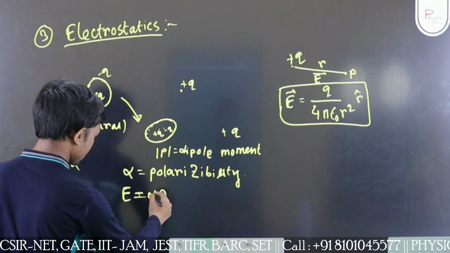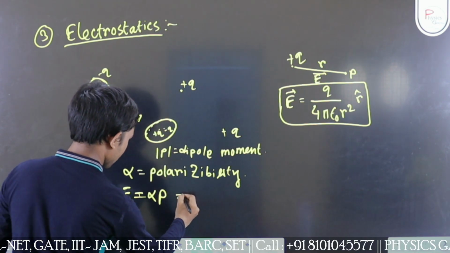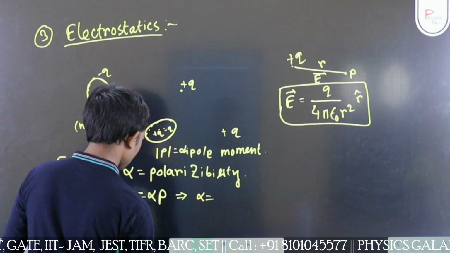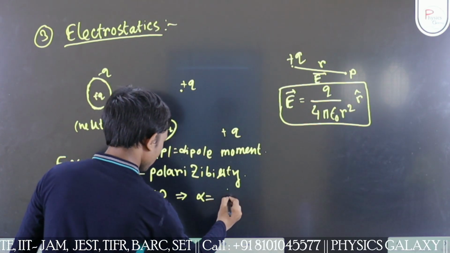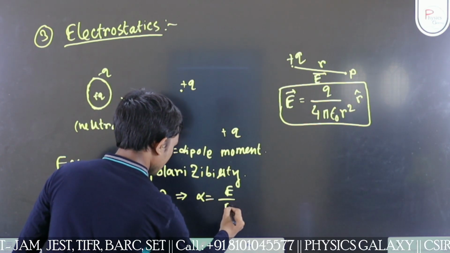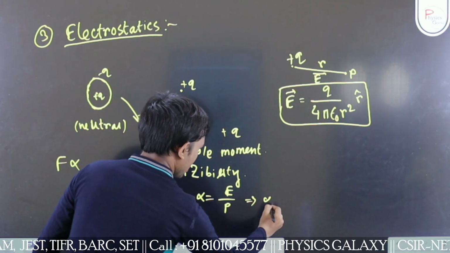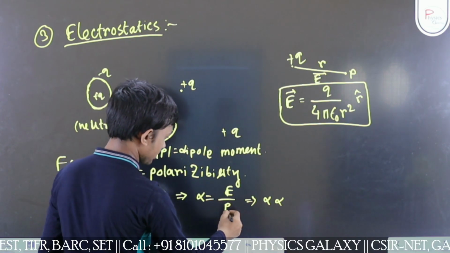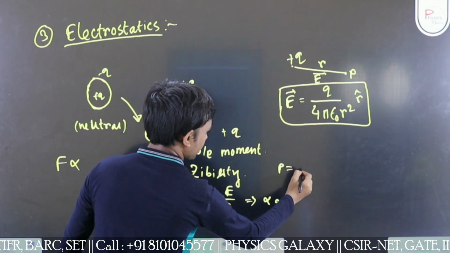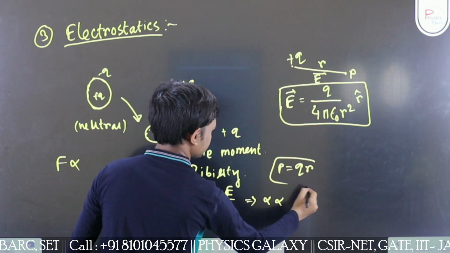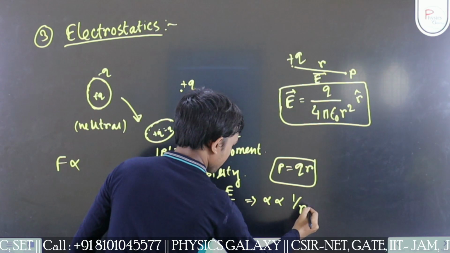Here is the alpha term, E by P; alpha varies as P, meaning q r, over 1 by r cube.